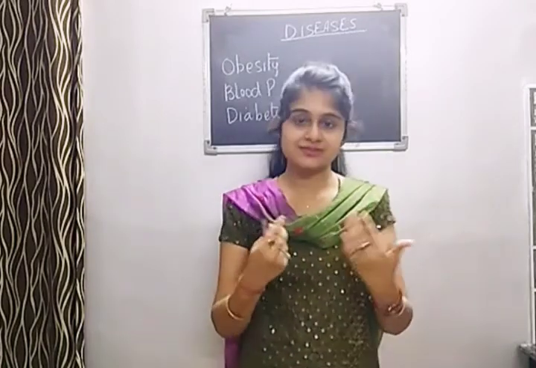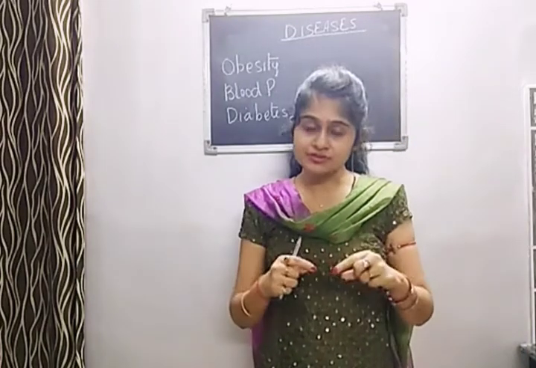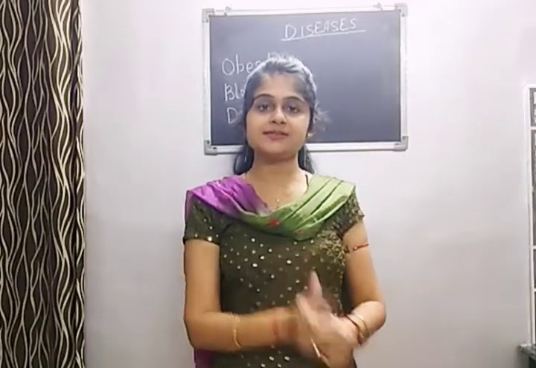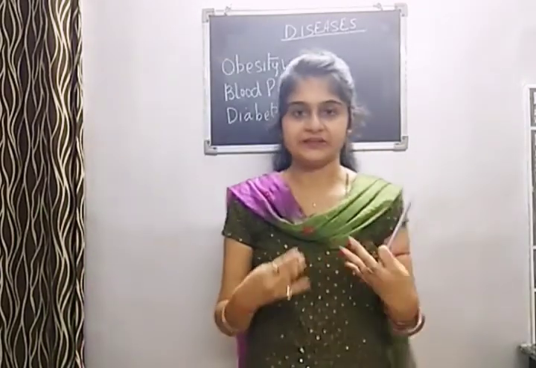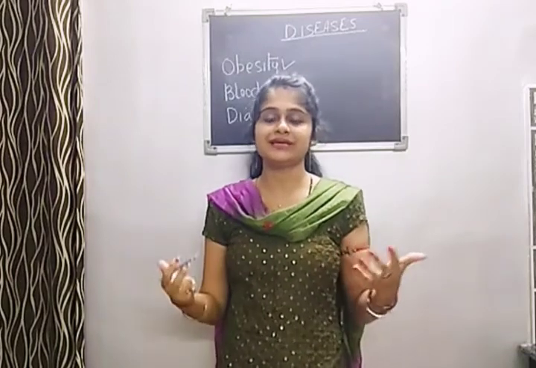But for those who have these diseases, what happens? Obesity is overweight. It is mainly caused by overeating, eating unhealthy food and reduced physical activity. Obesity occurs when you eat more food, overeating. You keep on eating. There is no time limit or system of eating.